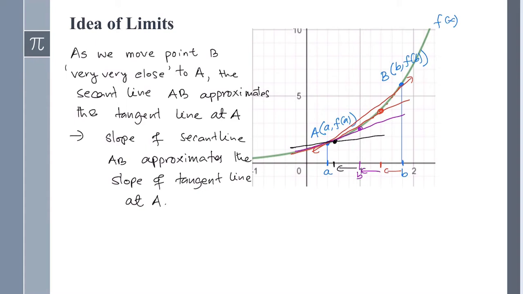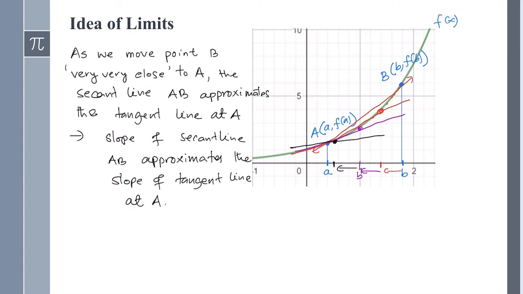So now this idea of very, very close, when we move point B very, very close to A, remember when we found the instantaneous velocity, we used to take the distance between A and B very, very close, when h approaches 0. So here, when that distance is very, very small, or when B is very, very close, then that secant line approximates the tangent line.